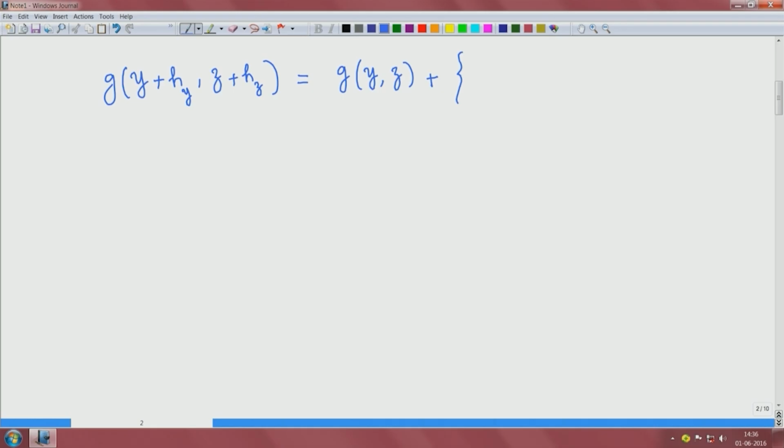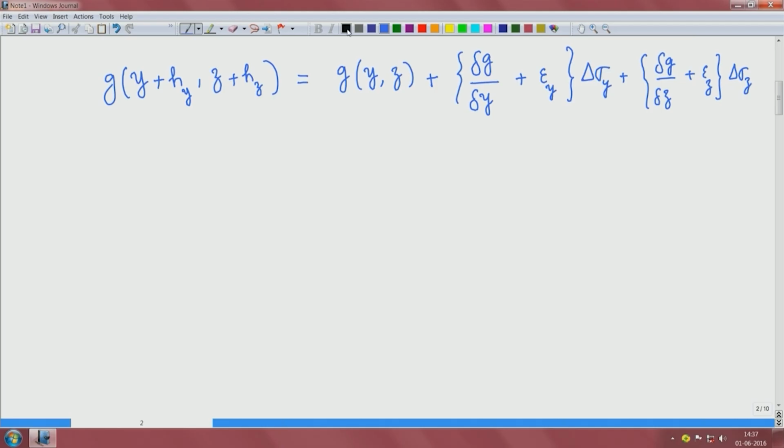So if I perturb, I will have the variational derivative of g with respect to y, and then some error related to the perturbation in y, times delta sigma y, that will be one term, using the variational derivative which we had used when we dealt with the global constraints, another name for it being functional type constraints. Likewise, we would have here the variational derivative of this with respect to z, our second function, and some error times delta sigma z.